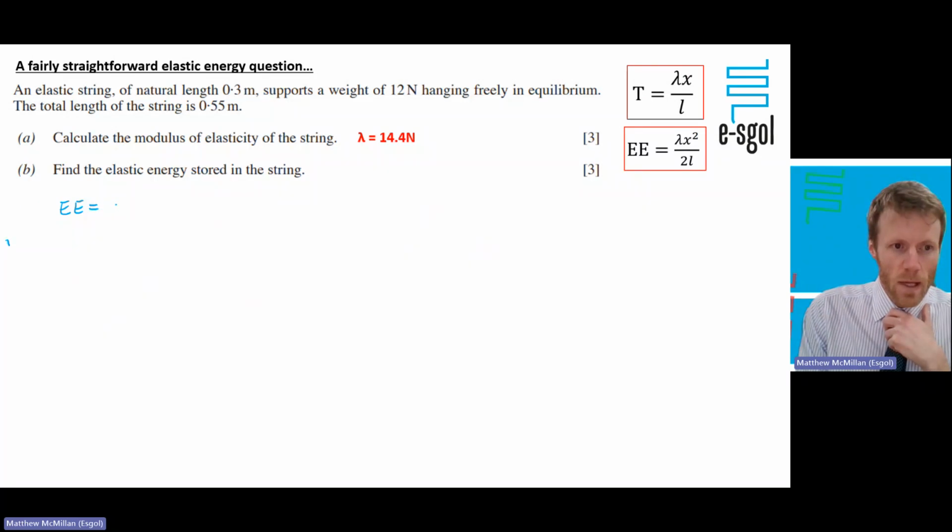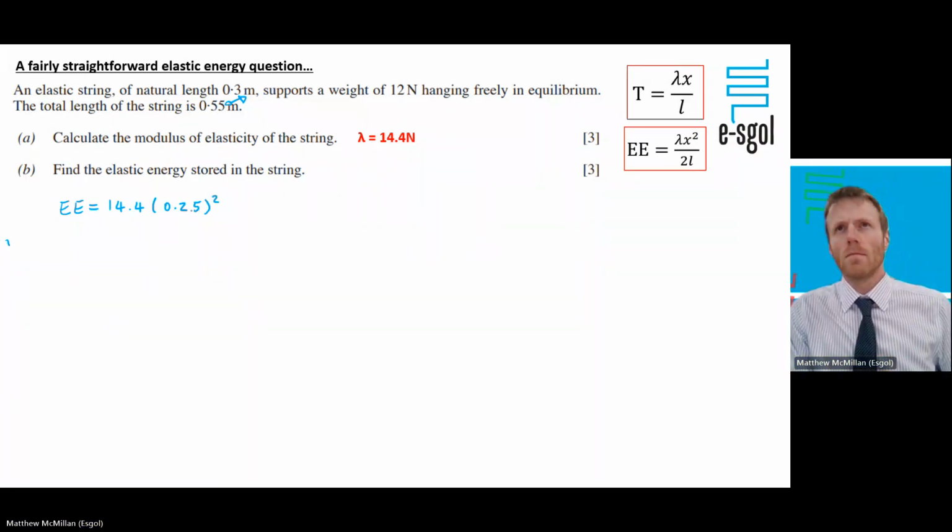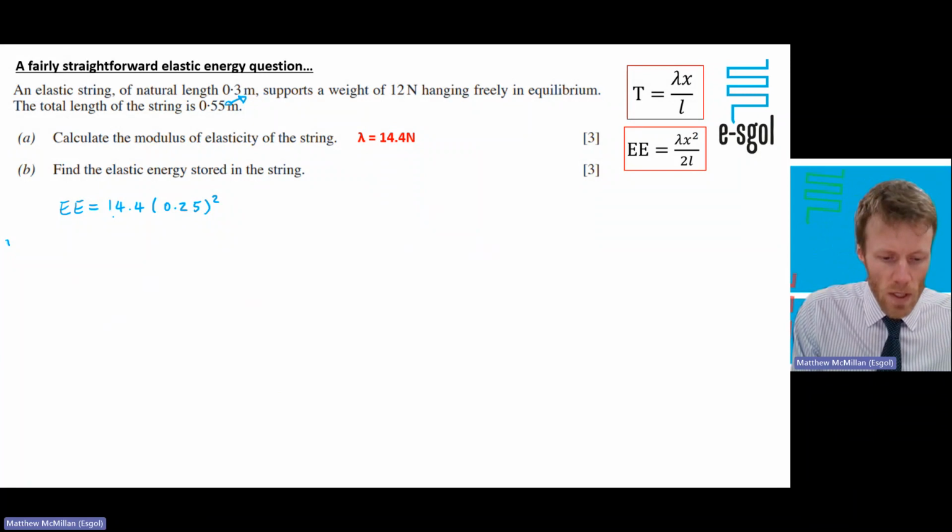The elastic energy is lambda, which we've just worked out, 14.4, times x, which we worked out as 0.25, because if you remember, it was the difference between these two numbers here, squared, divided by 2 times 0.3, the natural length. And that gives us 1.5 joules of energy.